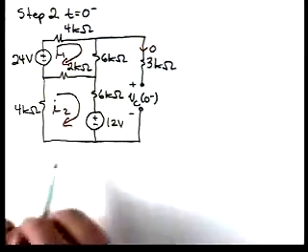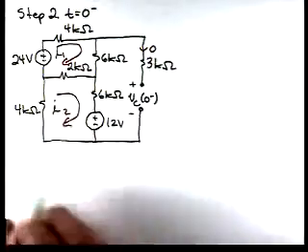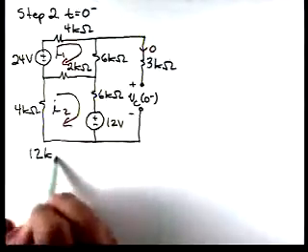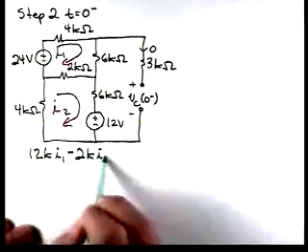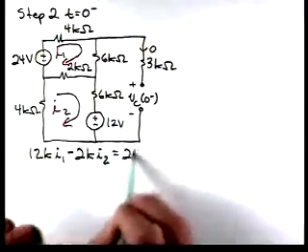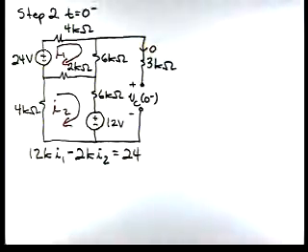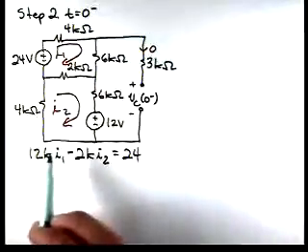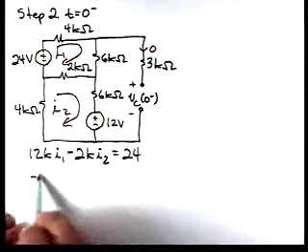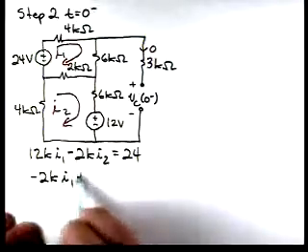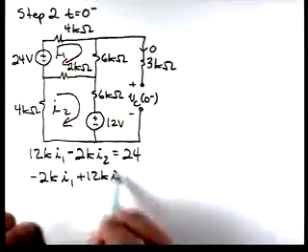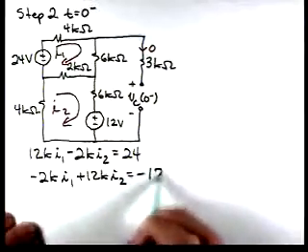For this top mesh, we'll have 12K I1 minus 2K I2 is equal to 24. And for our second mesh down here, we'll have minus 2K I1 plus 12K I2 equals minus 12.